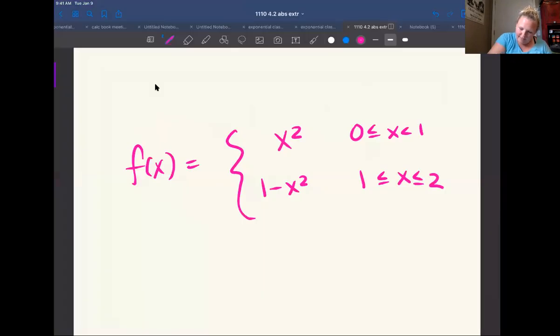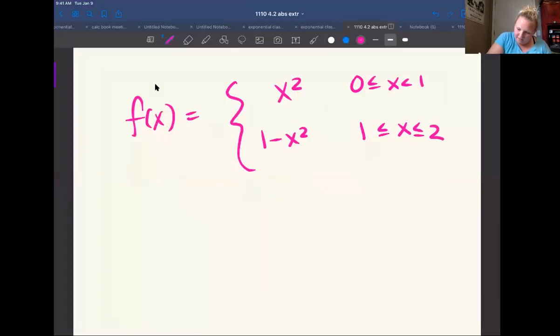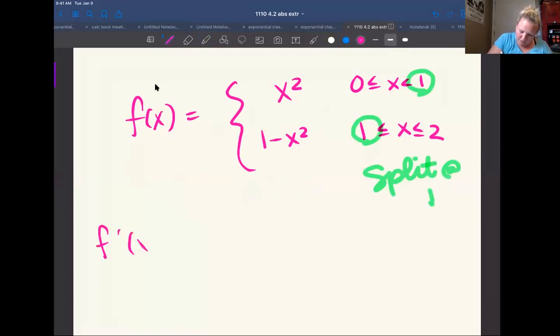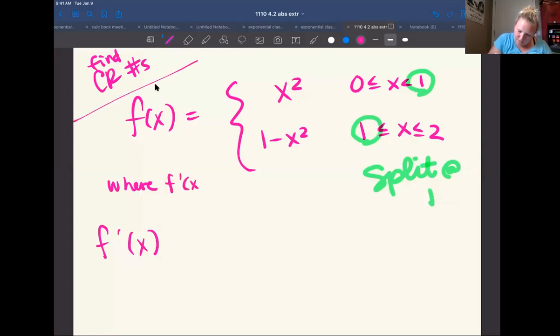So again, visually, the split is at 1. This is just a critical number question: find critical numbers. So let's find where the derivative pieces equal 0 or where the derivative is undefined.